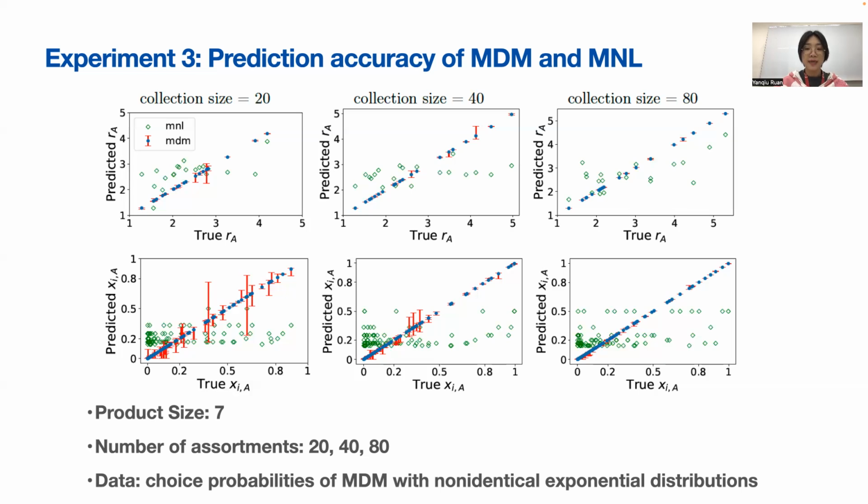The results show that the proposed non-parametric approach can correctly predict the true revenue or choice probabilities, with the blue dots lying in the red range, while the MLE of the MML model can lead to very wrong predictions, with the green squares far away from the blue dots. When more assortments are offered, the prediction under the non-parametric MDM becomes more accurate, while the prediction result under the MML model becomes worse.